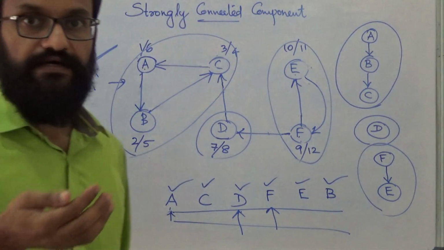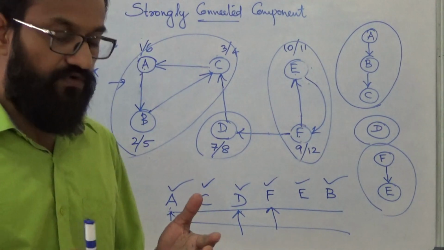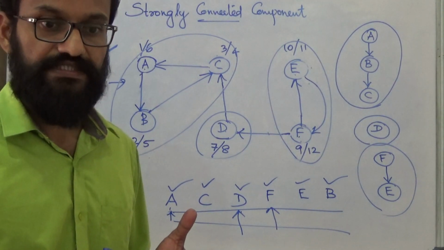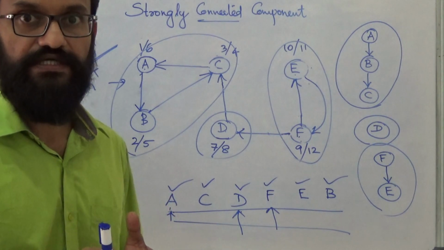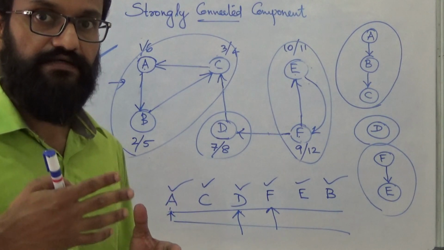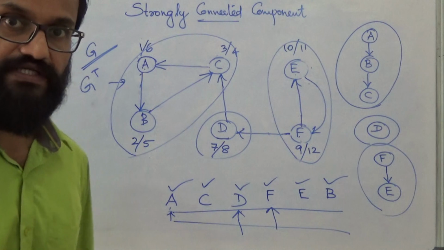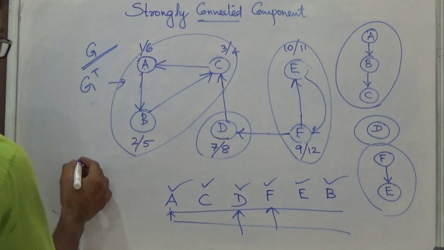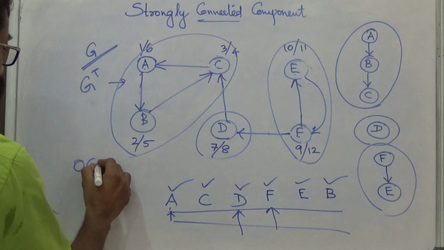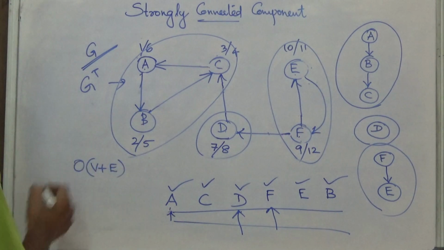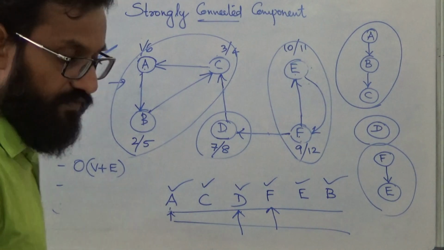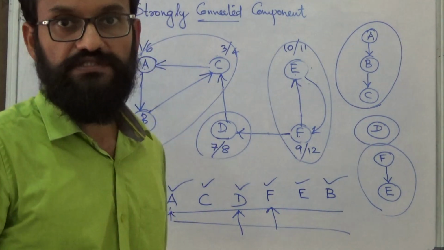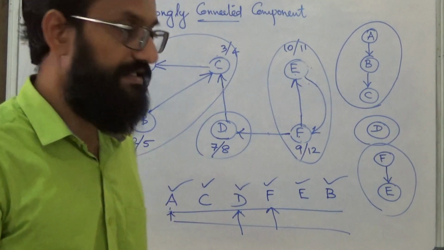Now we can summarize the procedure. First you have to perform DFS traversal on the given graph G and arrange the vertices in descending order of their finishing time. That operation will cost order of V plus E. The next step is to transpose the graph G to obtain G transpose.